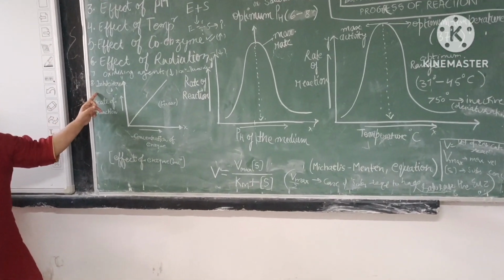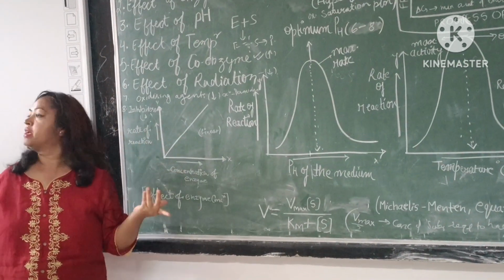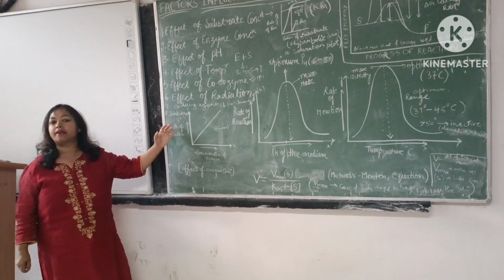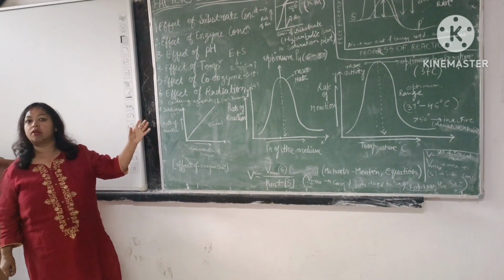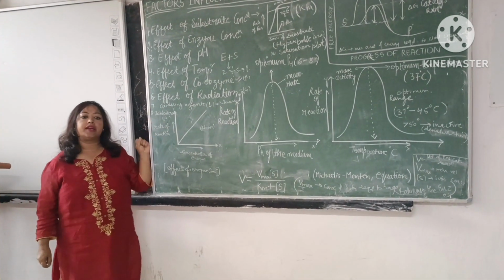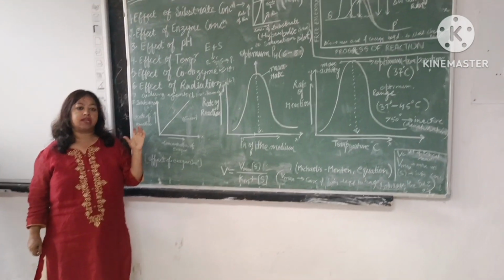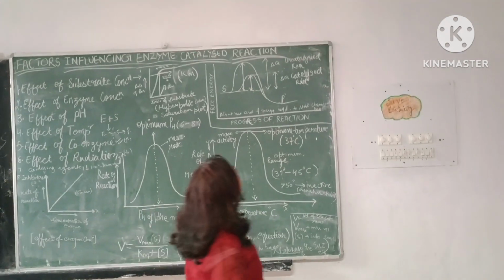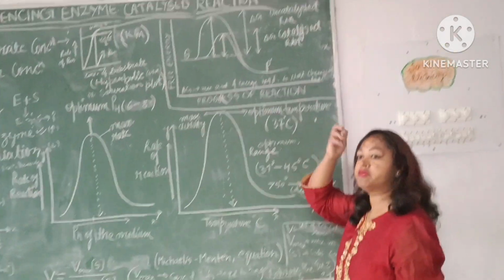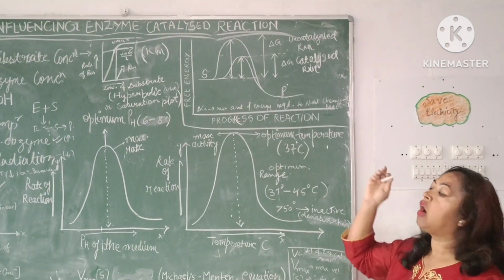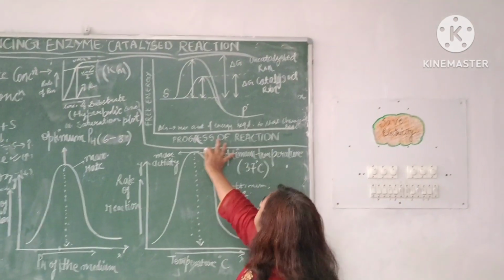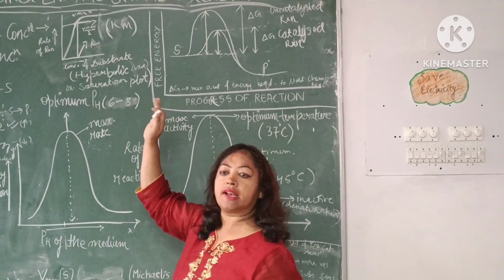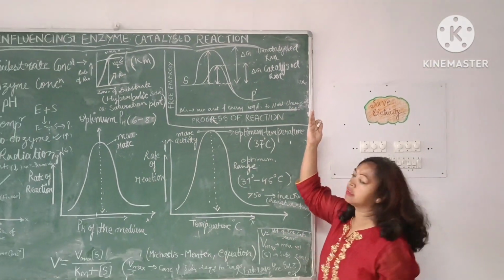And the last point is inhibitors. The name itself indicates that they will inhibit the enzyme activity, or they will inhibit the rate of the enzyme catalyzed reaction. One thing I just wanted to tell you is how the progress of reaction takes place when there is an enzyme catalyzed reaction or when there is no enzyme.